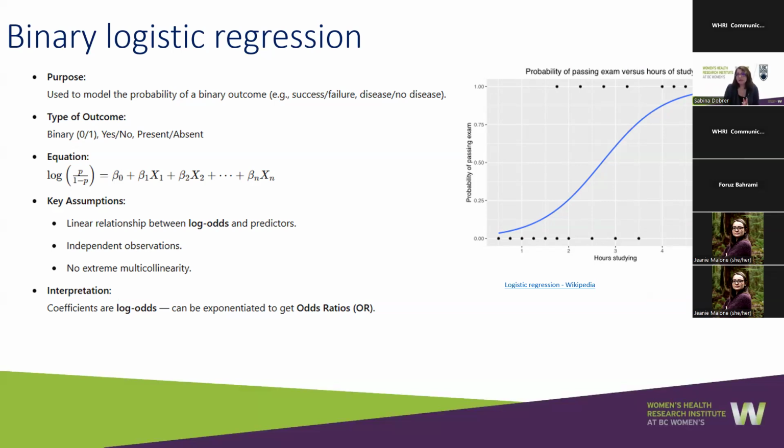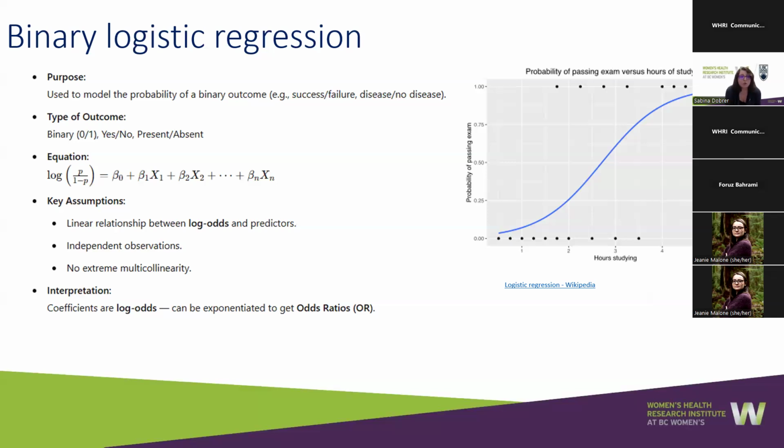On the right side, I took this from Wikipedia. This is a classical representation of logistic regression. On the bottom, you have 0 points, on the top, you have 1 point, so failure or success. And this is how the function will link your outcome and your independent variables.